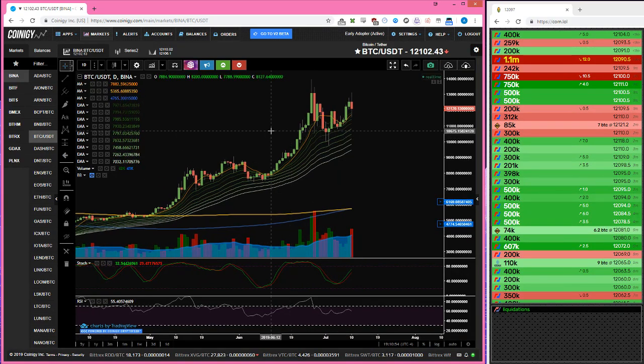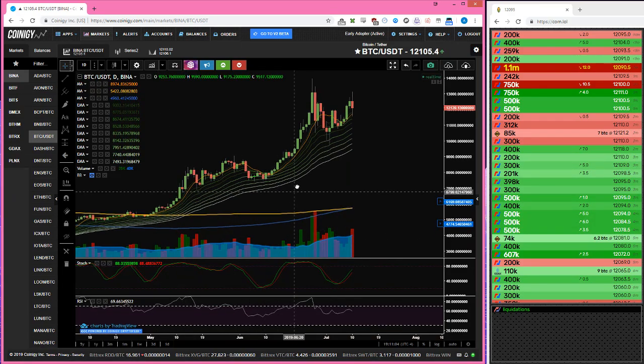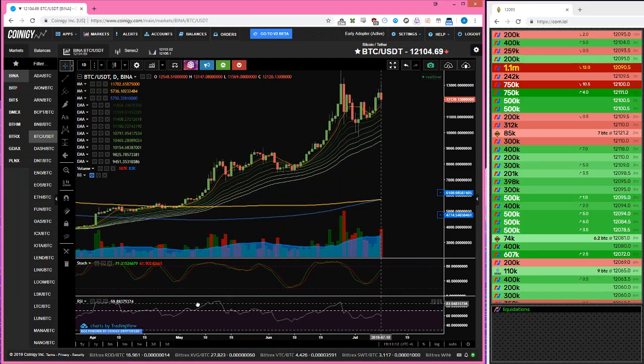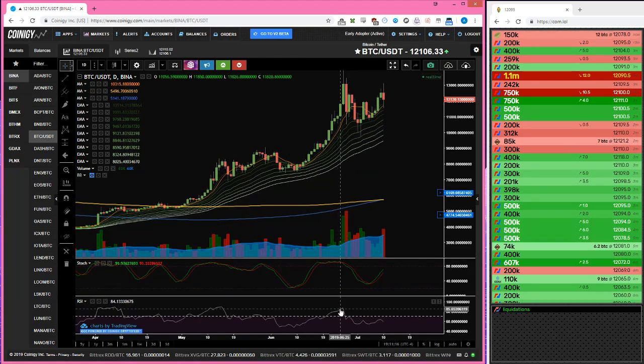When I'm trading, the only indicators I'm really using are these moving average bands and then stoch cycles. You don't really need RSI, but you can look at it. It's kind of helpful, but you can't really trade off of it, in my opinion.